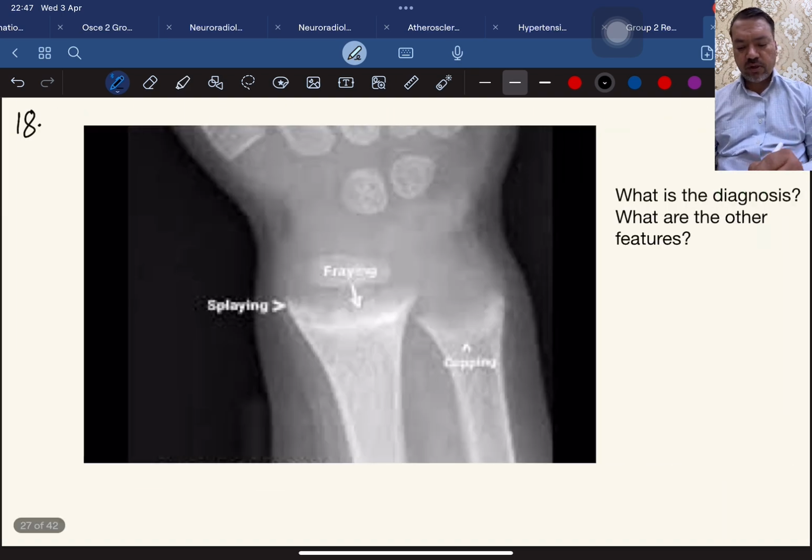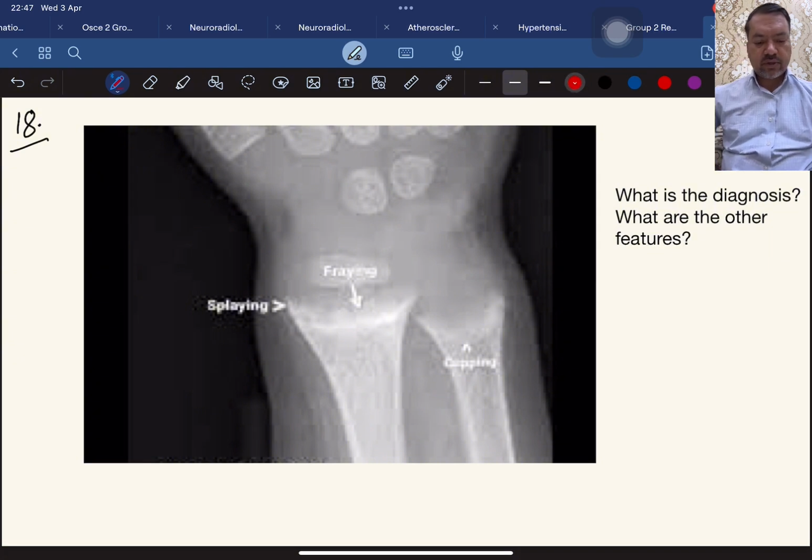Now let's move on. I've included another x-ray of the rickets, and now I can talk a little bit more here. What is the diagnosis? If they ask you straightforwardly, look at what changes are occurring in the bone. The first is that the end of the bone looks wide.